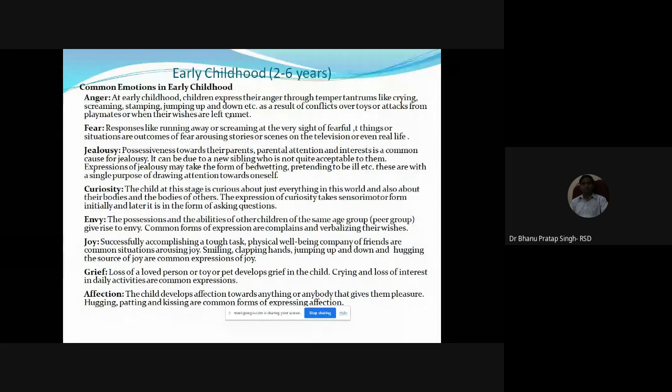The methods of expressing joy may be smiling, clapping hands, jumping up and down, even hugging the peer group, mother, father, and whosoever is the source of joy. So these are the common expressions of joy.